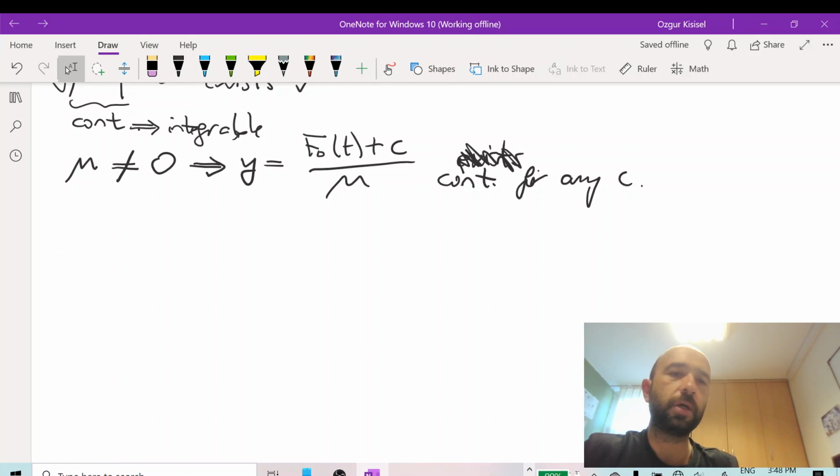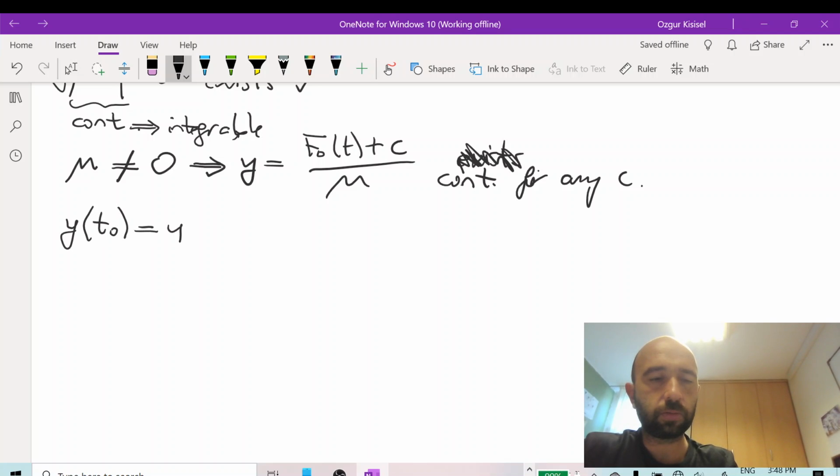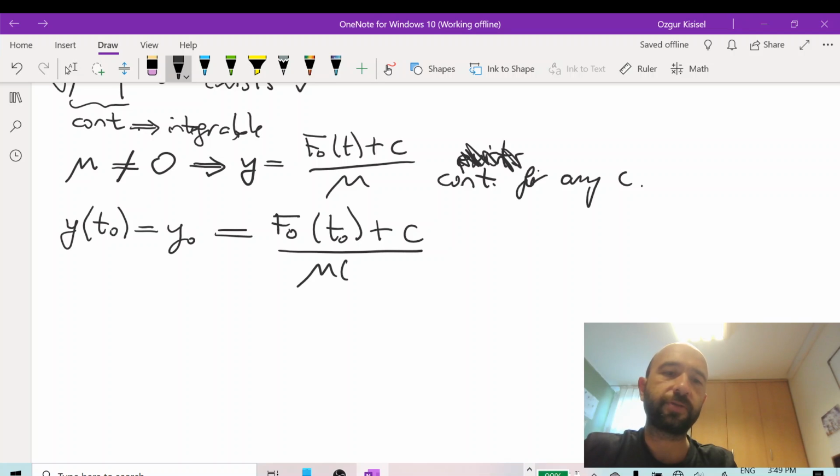Now let's come to the initial value business. If you plug in the initial value, y of t0 equals y0, does this tell you the value of the constant in a unique way? That's the question. So this is f0 of t0 plus C, over mu, which is also a function of t, so I have to put t0 here as well.